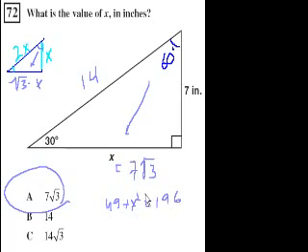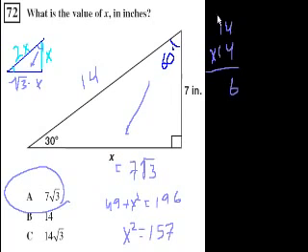Subtract 49 from both sides. You get x squared is equal to, let's see, 196 minus 50 would be 156, 150, so it's 157. Is that right? Let me make sure I got it. 14 times 14. 4 times 4 is 16. 56, 0, 140, right. 196.